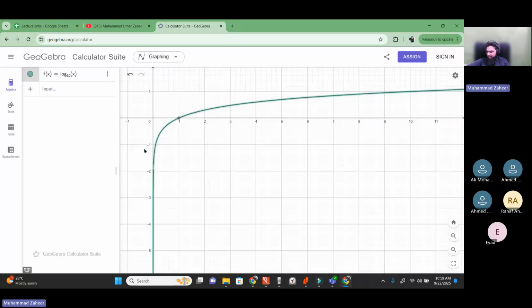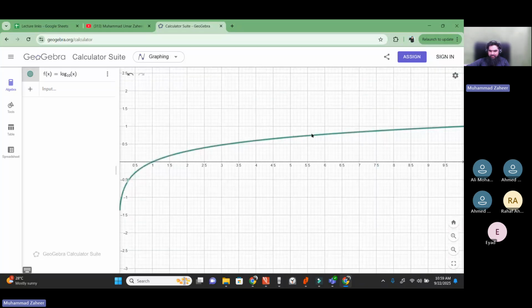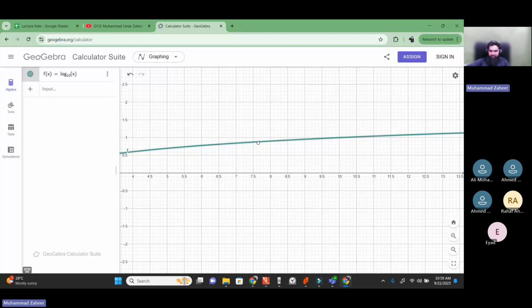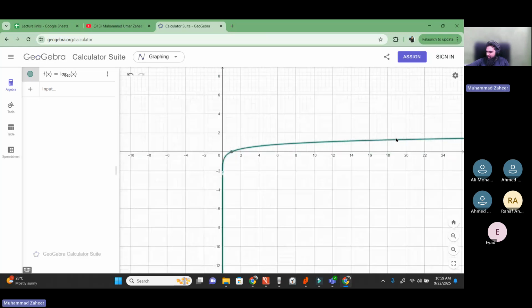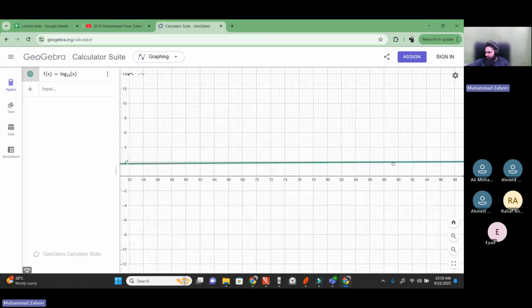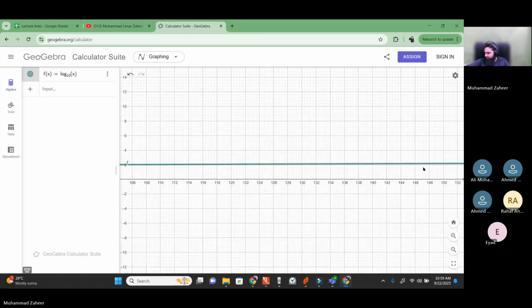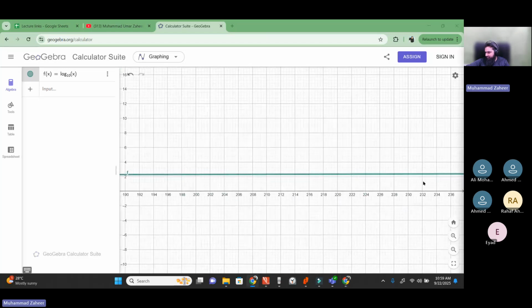The graph is going to look like this. It starts from 1, and from here it is going to be increasing. So it is going to be increasing, and it is going to keep increasing as much as you can.